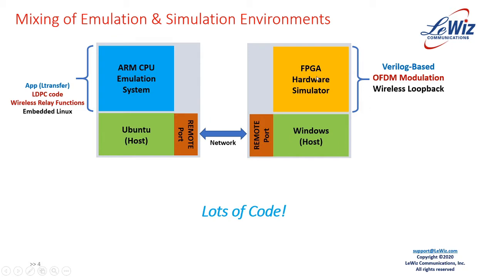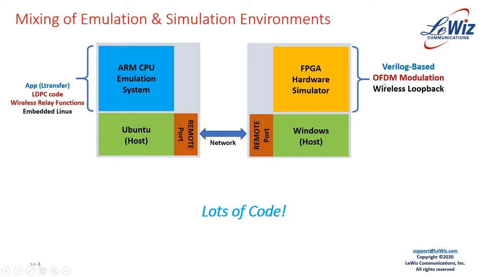In the system on the right, we implemented essentially a hardware simulator, for FPGA in this case. So it can simulate Verilog code, whereas on the left side it is mostly C code type of function. On the right side is Verilog type of functions.